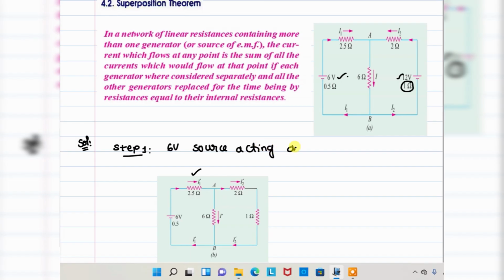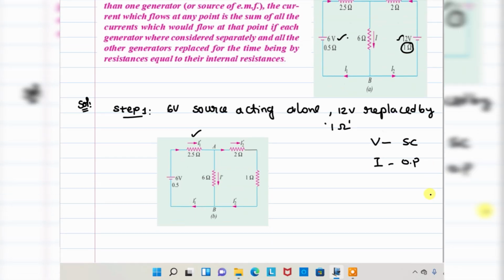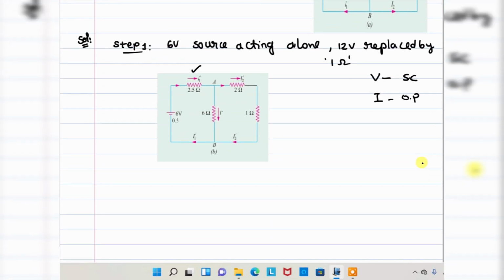The 12 volt source is replaced by its internal resistance, that is 1 ohm. If there is no internal resistance, a voltage source is simply short circuited, and a current source is open circuited. Keep it in mind. Okay, fine.